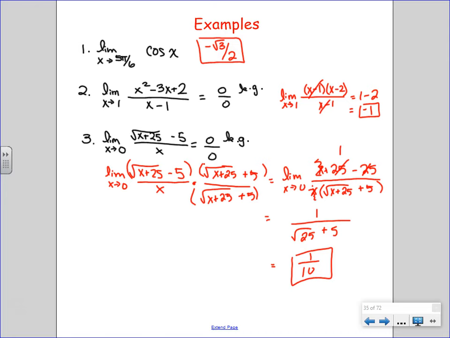Do you see how the conjugate helps? Oh, I plugged it in. Does that make sense? You have to write limit because the x is still present. You have not plugged in yet. But as soon as the 0 is in.